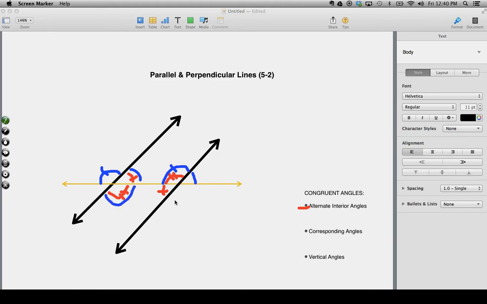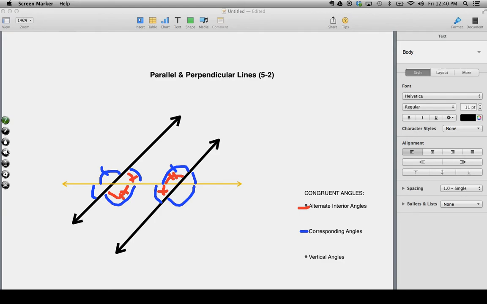This angle down here corresponds with this angle on this side. This is congruent to that. And lastly, if you guessed it, this angle is congruent to this angle up here. So each of these has created pairs of corresponding angles.